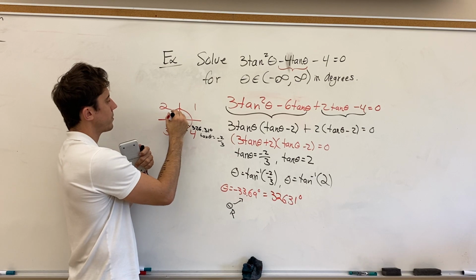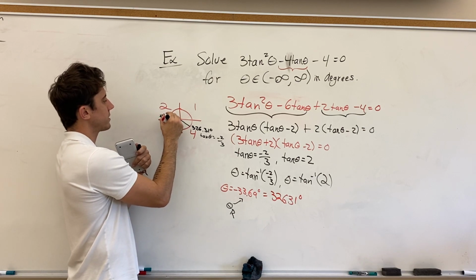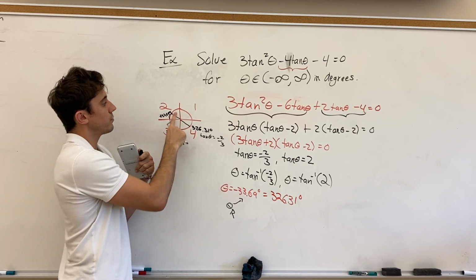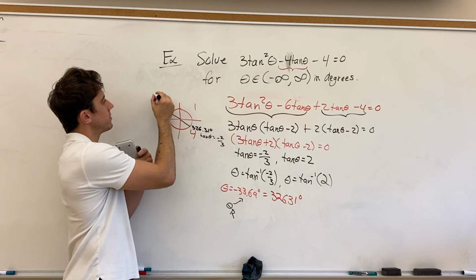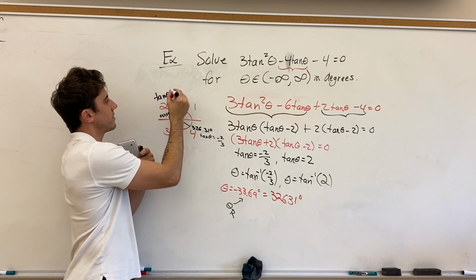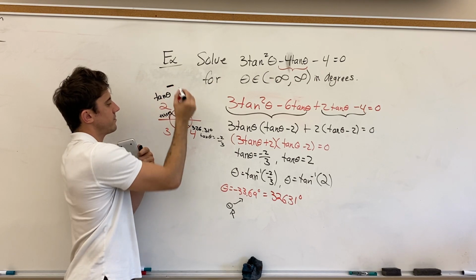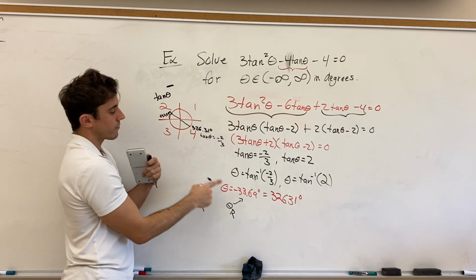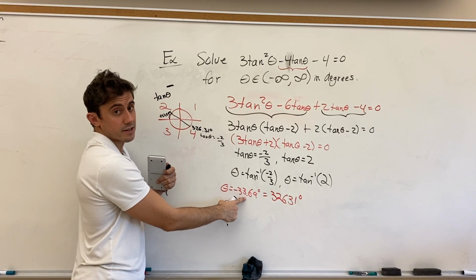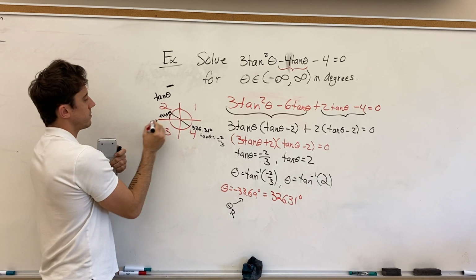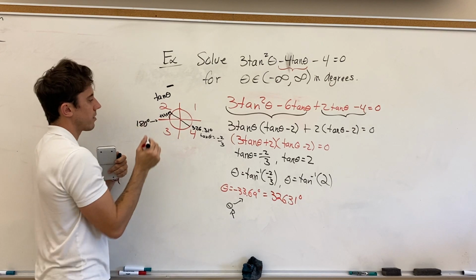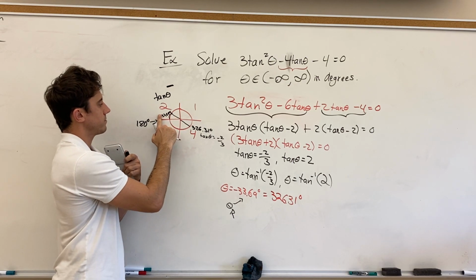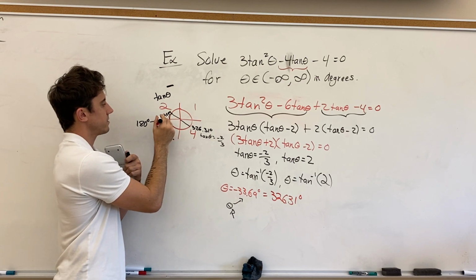So we can go up by 33.69 degrees, and we know that tan is also negative here, right? Tan theta is negative. And so thinking of our reference angle of 33.69 degrees, we know that the negative x-axis is our 180 degrees, and so 180 minus, subtracting, right?